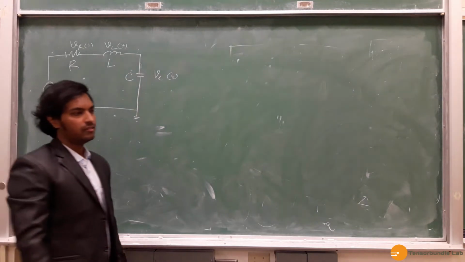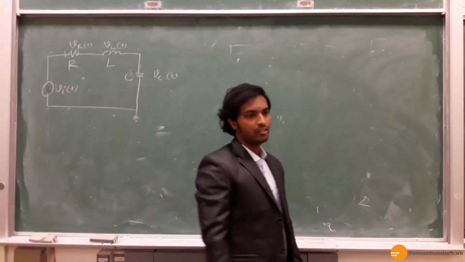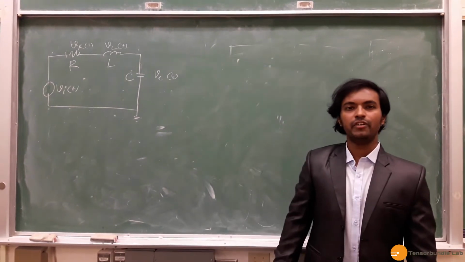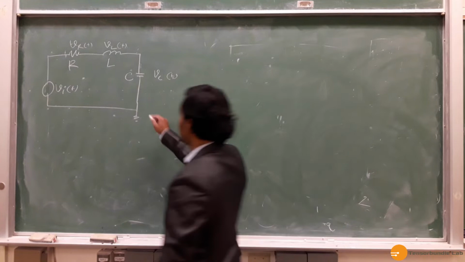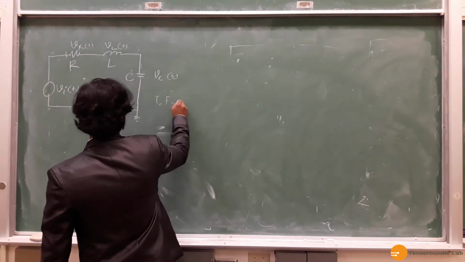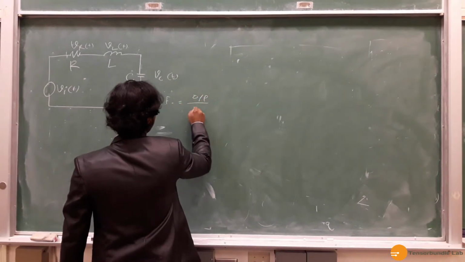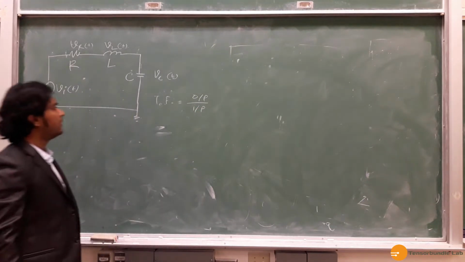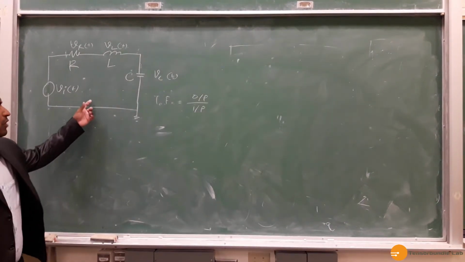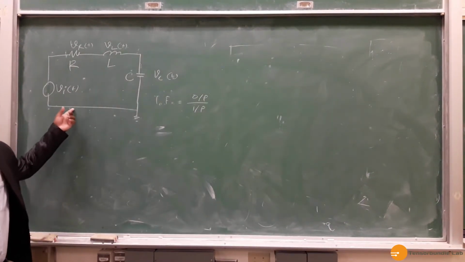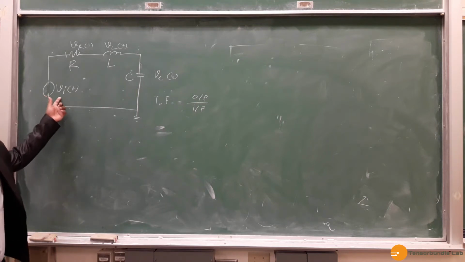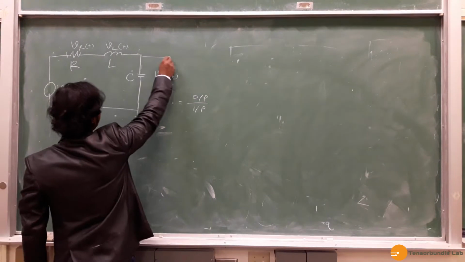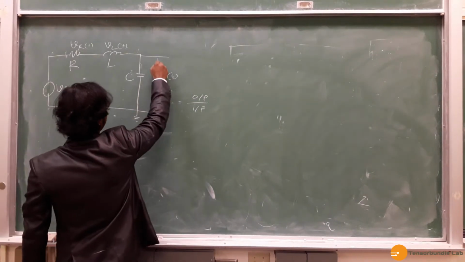If you recall the definition of the transfer function of any system, it is the ratio between the output and the input. So the transfer function of the system is defined as output over input. Let's say we want to find the transfer function of this electronic circuit, and the input signal is V of I, and we are taking the output across this capacitor.